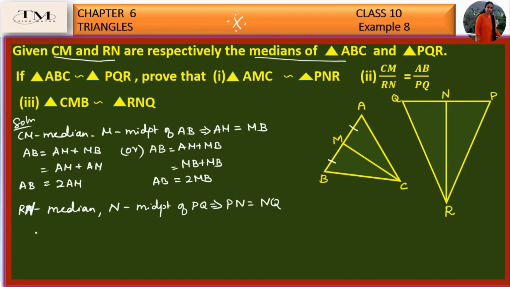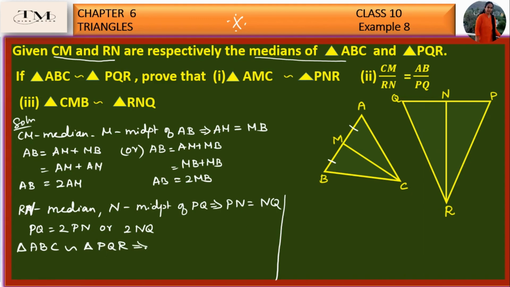In the same way, PQ can be written as 2 times PN or 2 times NQ. So these are the things we know about medians. Next, what is given? Triangle ABC is similar to triangle PQR. So this is given.